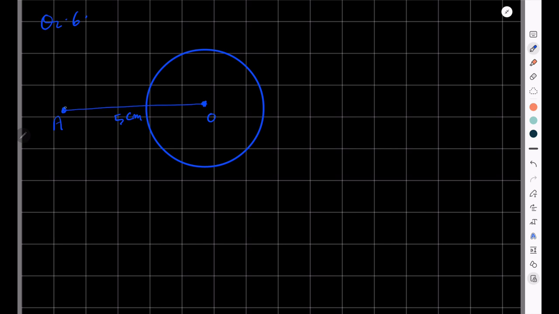So you see, sometimes let me just draw it again, because this is not very good. Sometimes these statements are a little bit complicated.